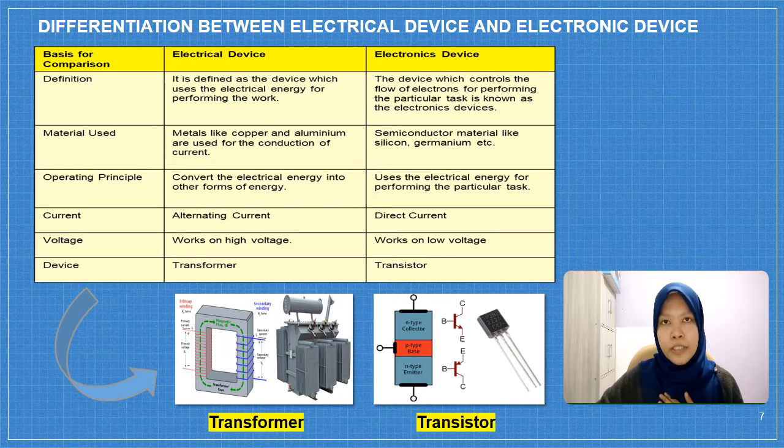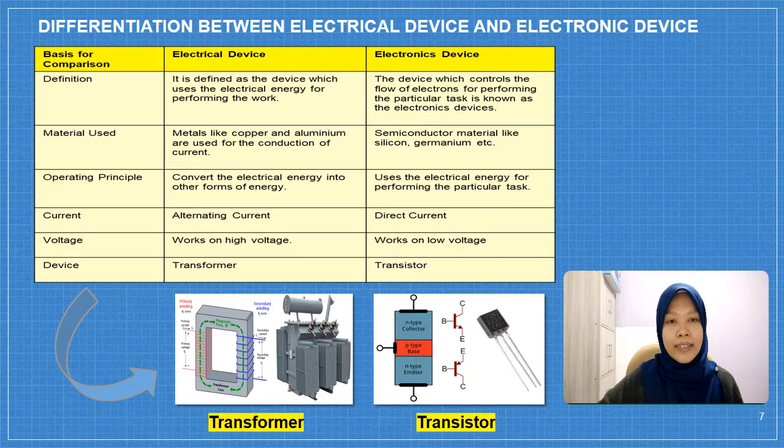Hi, I am Syaira Izzati binti Muhammad Uday Al-Ajami. I will present the differentiation between electrical devices and electronic devices. Firstly, an electrical device is defined as a device which uses electrical energy for performing work, while an electronic device is a device which controls the flow of electrons for performing a particular task.